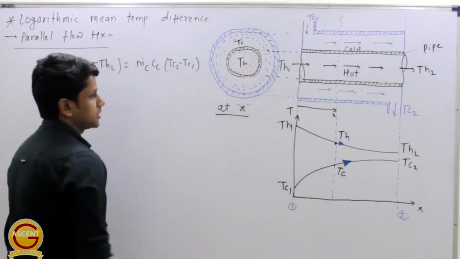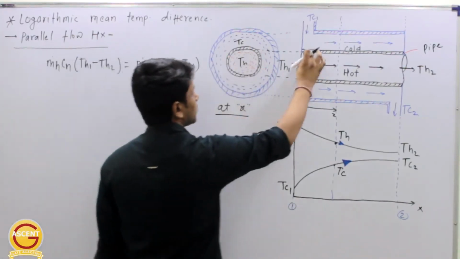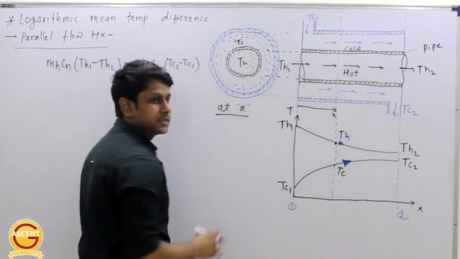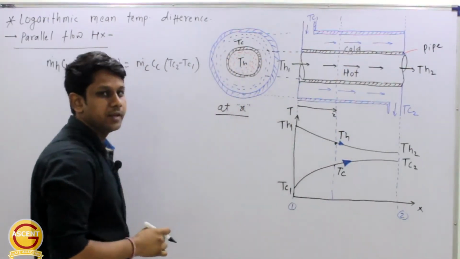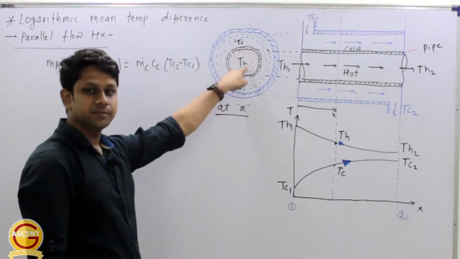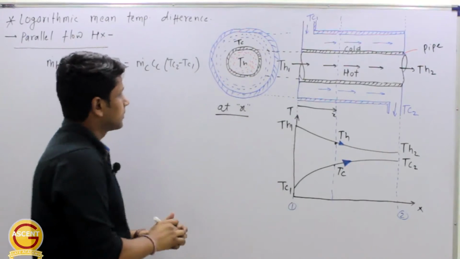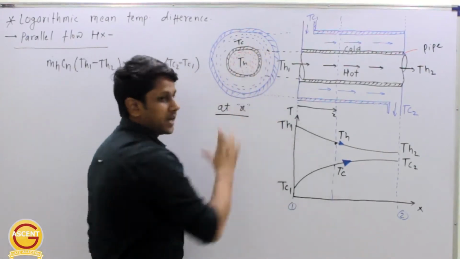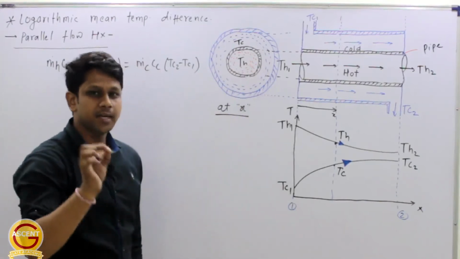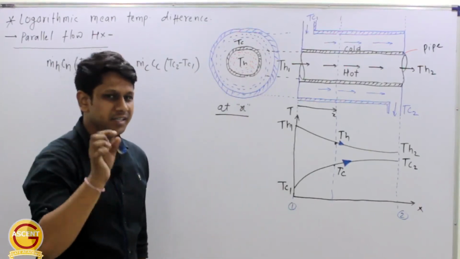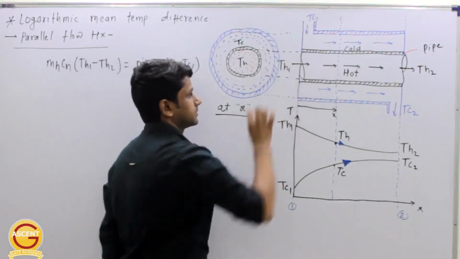Now come to this cross-sectional view. See, this is the inner pipe, the black one, inside which some hot fluid is flowing. So this red one is showing the hot fluid, and the temperature of hot fluid is how much? TH. Okay. Now see carefully. Over this, this is the thickness of this pipe. So generally we will neglect this thickness, but here to give you some concept, I have taken this thickness.